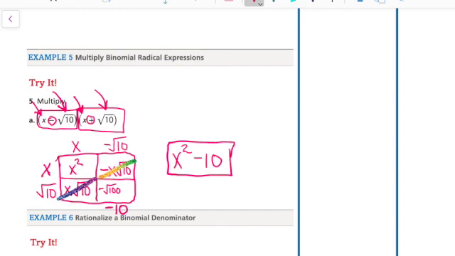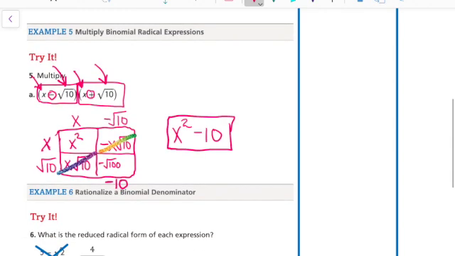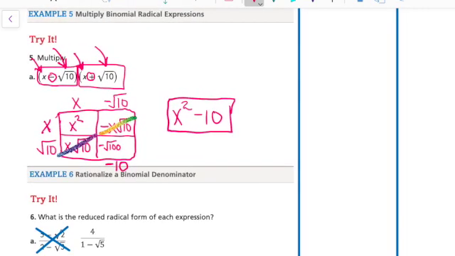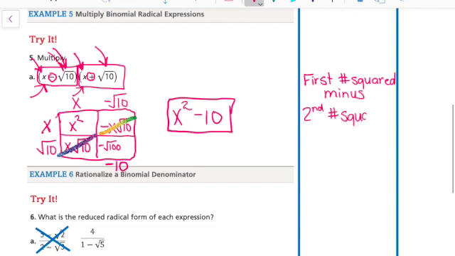So all of that work for just x squared minus 10. If you're really good at memory tricks, you just have to remember that it's the first number squared minus the last number squared. So if you want to make yourself a little note, first number squared minus second number squared.